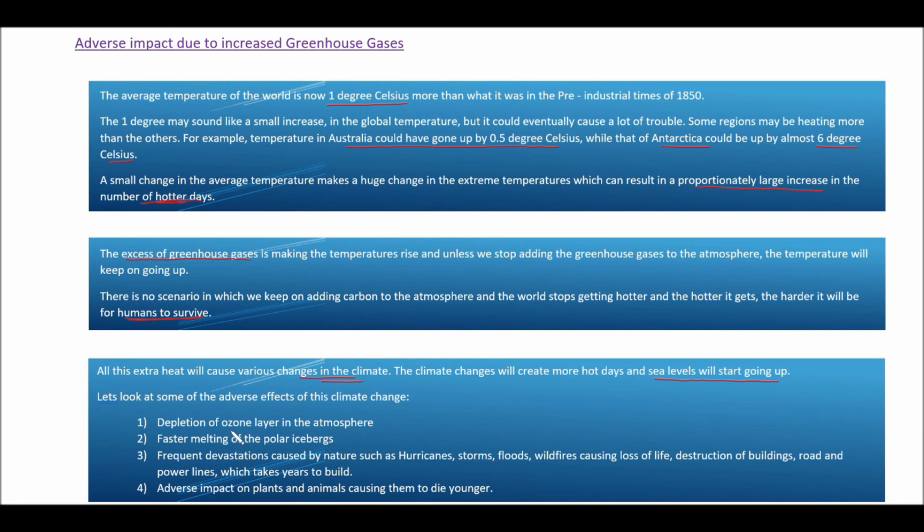Depletion of the ozone layer in the atmosphere, faster melting of the polar icebergs, frequent devastations caused by nature such as hurricanes, storms, floods, wildfires, destruction of buildings, roads and power lines, which take years to build. Also, there will be adverse impact on the plants and animals, causing them to die younger. So all this is the impact of increased greenhouse gases in our atmosphere. So it is very important to control the emission of these greenhouse gases.